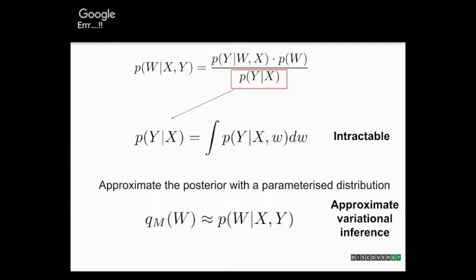One of the methods is called variational inference, wherein instead of trying to estimate the posterior, you assume an approximate distribution and try to make it as close as possible to the posterior distribution. We could have done that, but the problem with this is that we cannot use our already trained models, and we have to change our training regime. And we were trying to see if we can do something with our existing models.